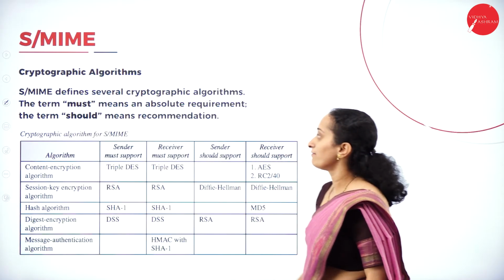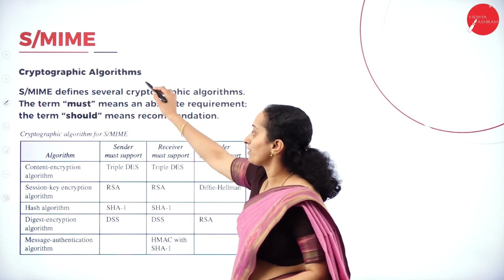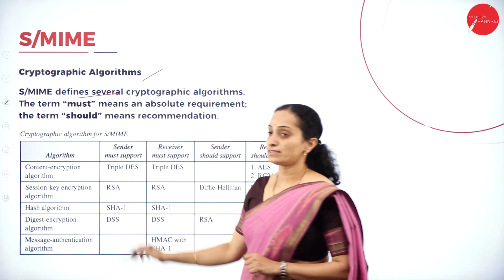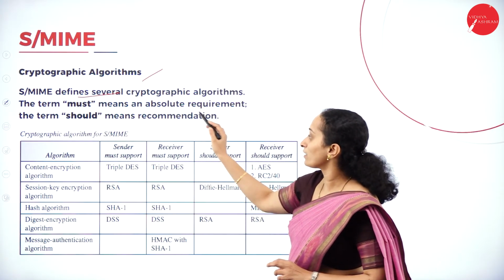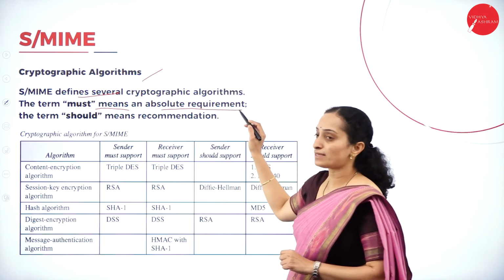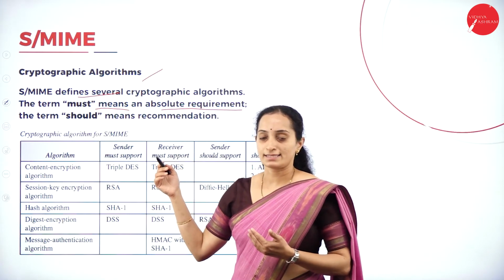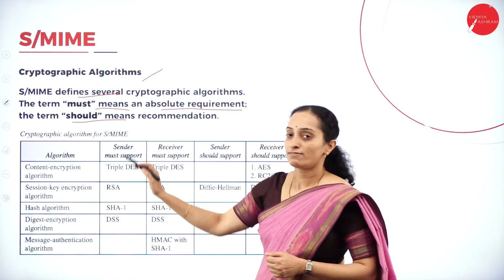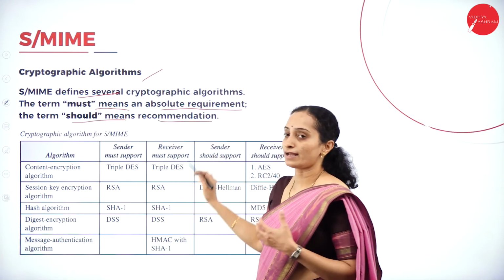Okay. Here we have the cryptographic algorithms. S/MIME defines several cryptographic algorithms. The term must means an absolute requirement. S/MIME needs these cryptographic algorithms, whereas should means a recommendation.